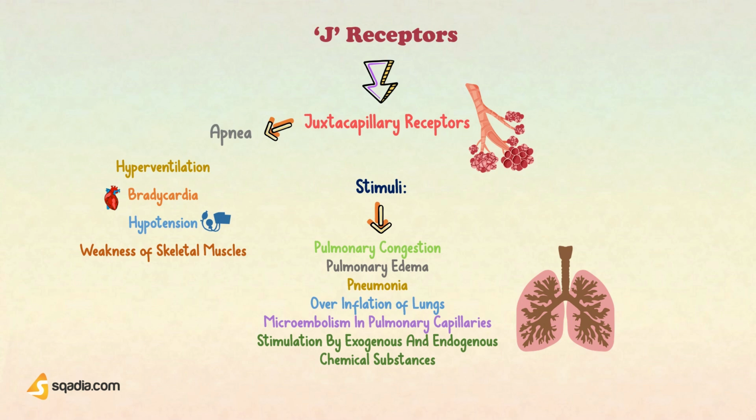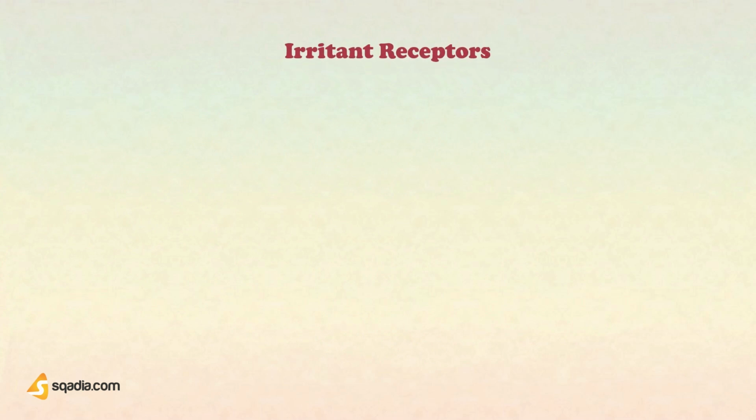Besides stretch receptors, there is another type of receptors in the bronchi and bronchioles of lungs called irritant receptors. Irritant receptors are stimulated by irritant chemical agents such as ammonia and sulfur dioxide, smoke and dust, rapid large inflations and deflations, airway deformation, pulmonary congestion, and inflammation.